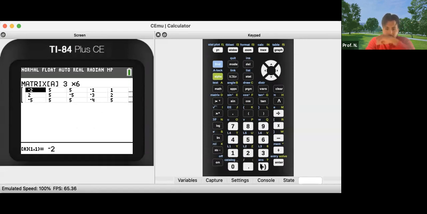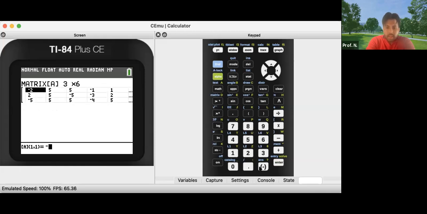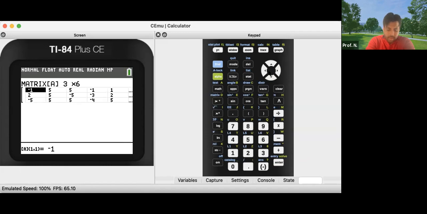And then I'm going to get negative 1, 0, negative 1, 1, 0, 3, 4, 4, negative 2, 1, and negative 1, 4, 4, 3, negative 2, 0.